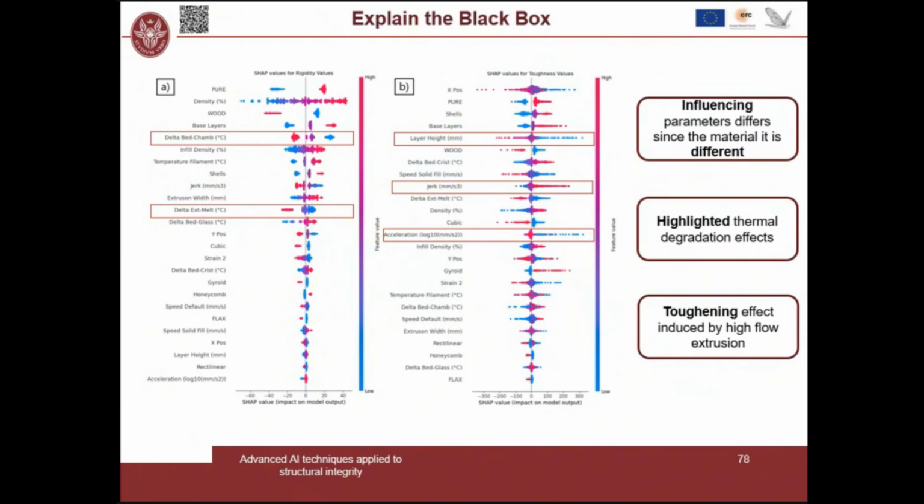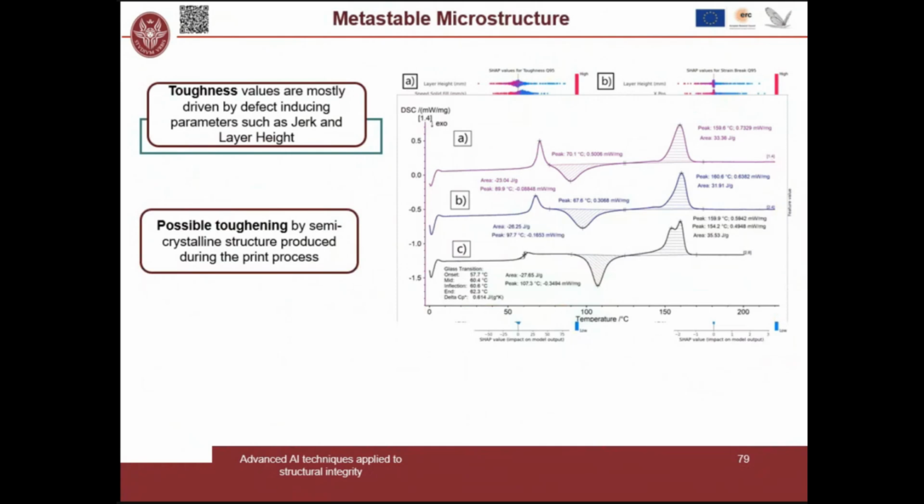So there is somehow a toughening effect induced by the extrusion, by the high flow of the extrusion. If we see, for example, the DSC of the high toughness tested specimen, we see that in the untested, we have a very strong enthalpic release.